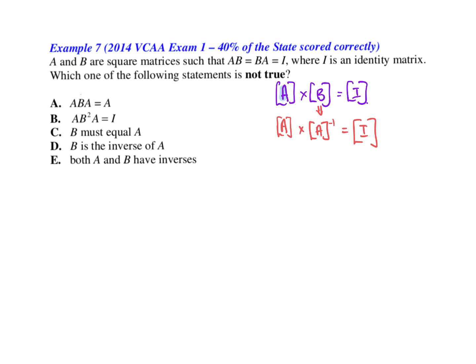If you remember back to what I said, if I times the number 2 by its inverse, which is a half, we get 1. So this is pretty much what this statement's saying.